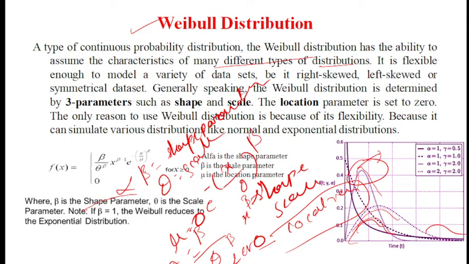Where will the Weibull distribution be helpful? Reliability engineering, lifetime and failure analysis, electrical engineering, we can use this Weibull distribution. In electrical engineering, to represent overvoltage occurring in an electrical system, this Weibull distribution will be applicable.